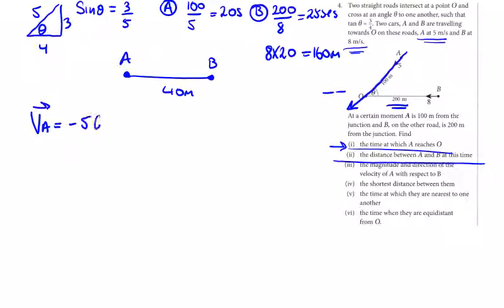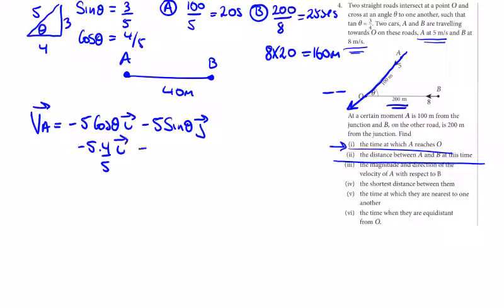So minus 5 by the cos of the angle in the I direction, minus 5 by the sine of the angle in the J direction. Cos theta is 4 over 5, so minus 5 by 4 over 5 in the I direction and minus 5 by 3 over 5 in the J direction, which gives me minus 4I minus 3J.